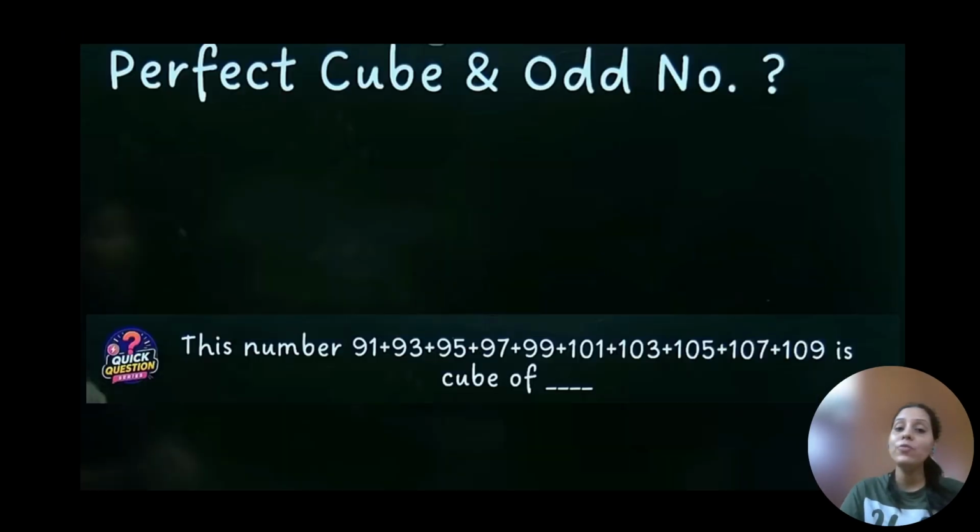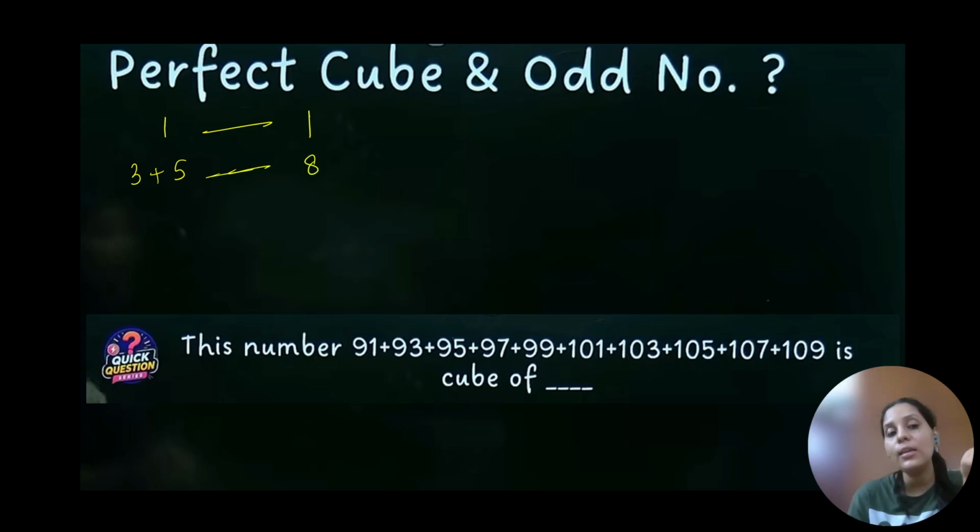Next up, we have perfect cube and odd number. I have already shown you the relationship between perfect square and odd number. Now it's perfect cube. In perfect cube, 1 is 1. Next odd numbers, 3 plus 5, which is 8.